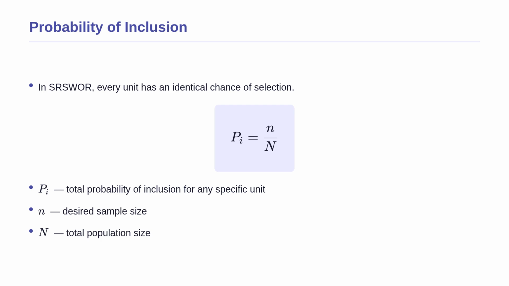Lowercase n is our desired sample size, and uppercase N is the total population size. Notice the relationship here. If the total population N increases while your sample size stays the same, your individual chance of being picked shrinks proportionally. It is a perfect mathematical balance.